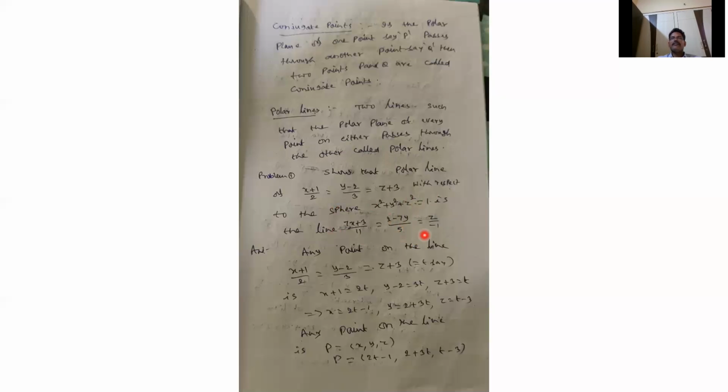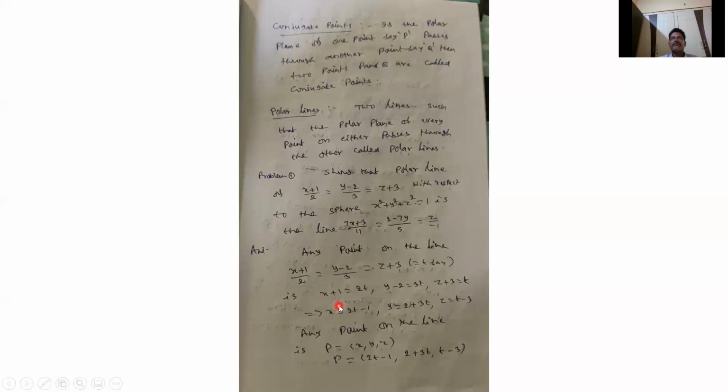Any point on the given line (x+1)/2 = (y-2)/3 = z+3 is given by setting it equal to t.